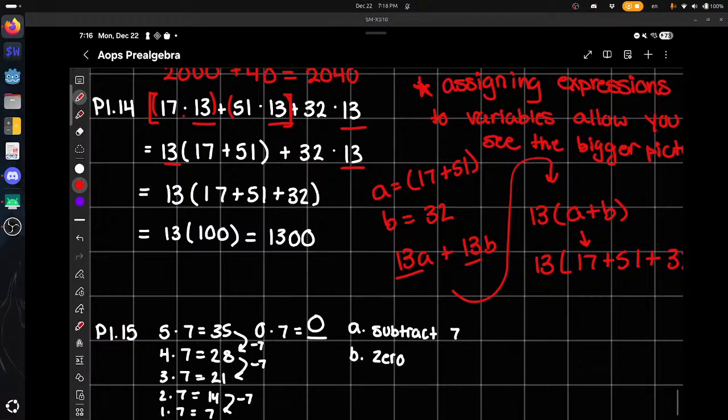Like the list of numbers all decrease by 7. So each number is less than the number above it, and it's less by 7. B, well, our prediction is that it will be 0 because we're just subtracting 7 each term. So that's 7, that's 7, that's 7. Well, 7 minus 7 will be 0.